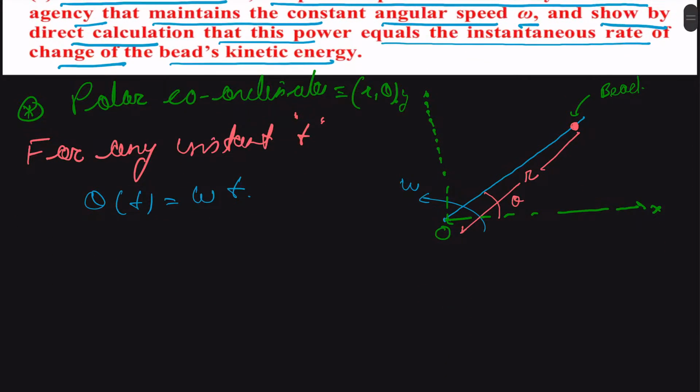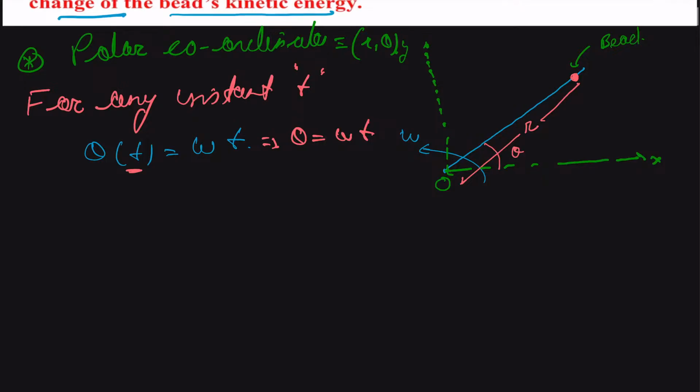And for the sake of simplicity, let us avoid writing this t with theta. So this can be written as theta is equal to omega t. Now if we differentiate this equation one time, we get theta first derivative equal to omega. Okay. And its second derivative will be equal to 0.